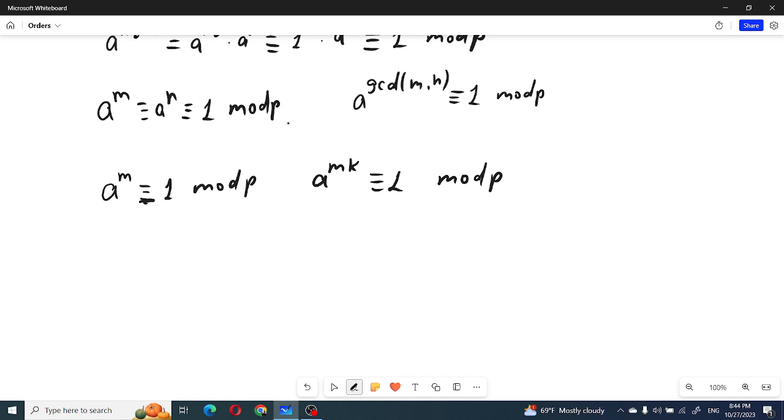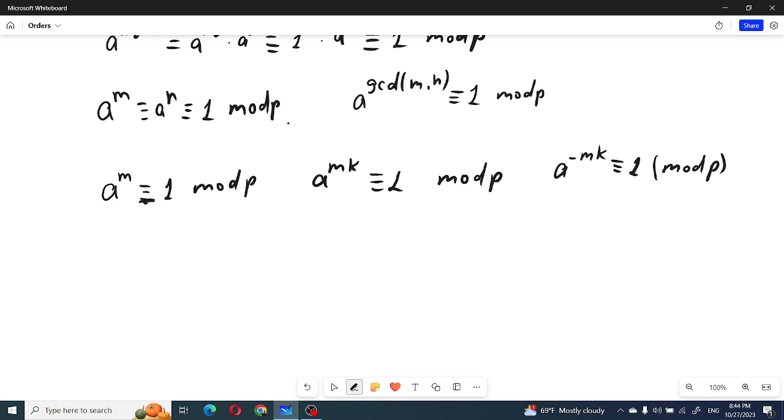Also, we can see that a to the negative mk must be 1 mod p, because this is the inverse of the previous number, and the inverse of 1 is itself 1. So it doesn't matter whether it is a positive or negative power, which is a multiple of m, this will give us 1 mod p.